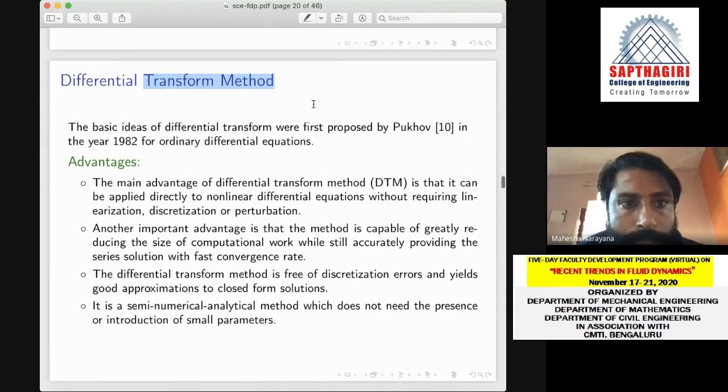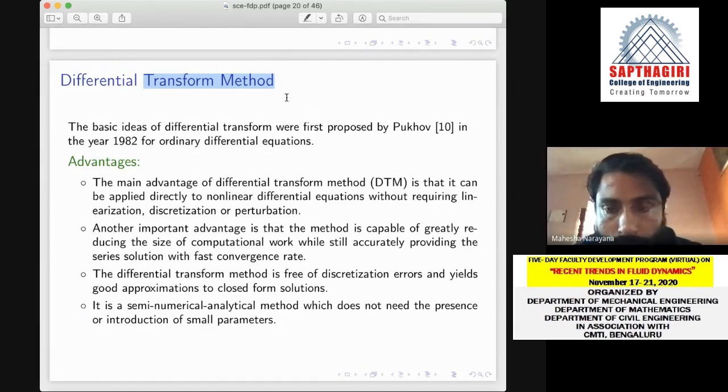So differential transform belongs to one of those categories of transform methods. You must have come across transform methods like Laplace transforms, Fourier transforms, Z transforms, fast Fourier transforms, and so on and so forth. Here, differential transform does not belong to the category of integral transforms, but it is a kind of differential transform.